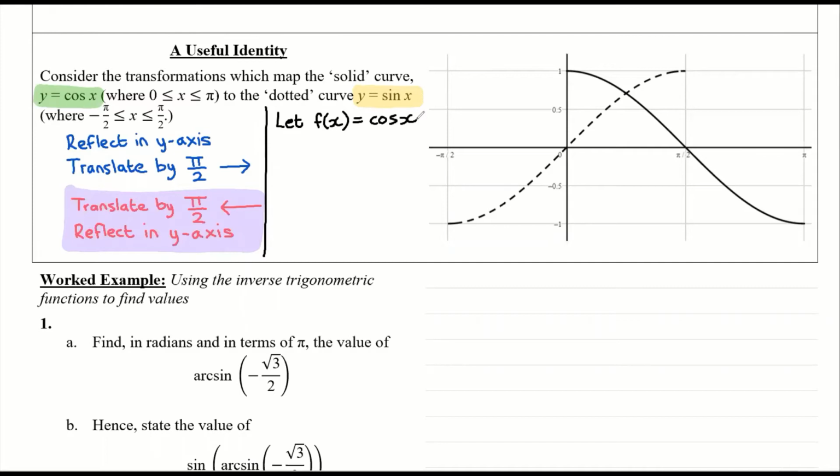Now, if we want to translate by pi over 2 to the left, you'll remember from transformations that it's the inside opposite rule, isn't it? So you would think that we would be subtracting pi over 2, but in fact, we're going to be adding pi over 2. So inside the function, we're going to be doing x plus pi over 2.